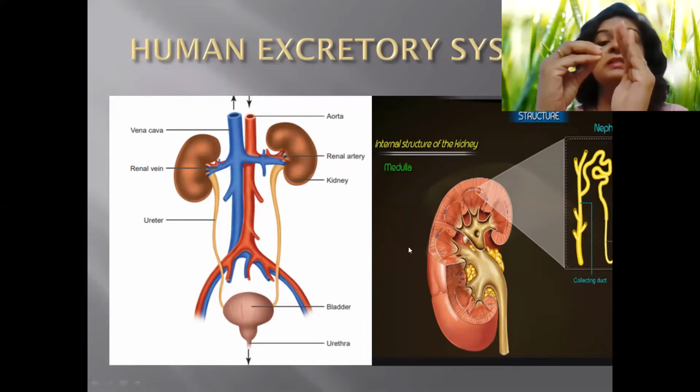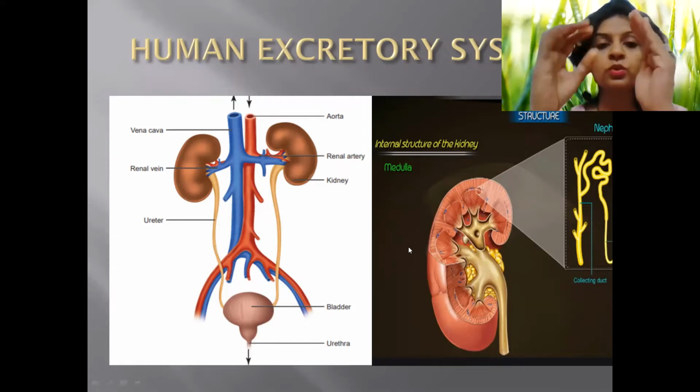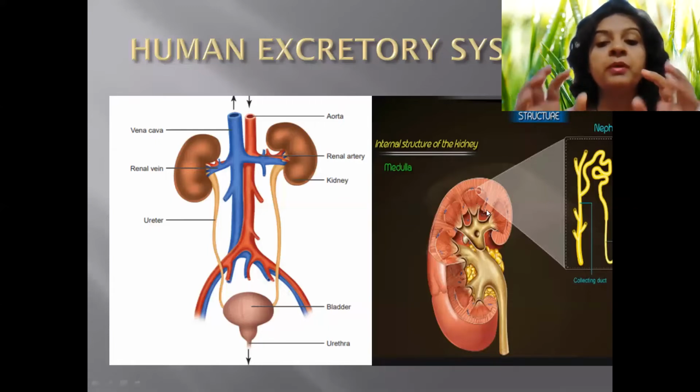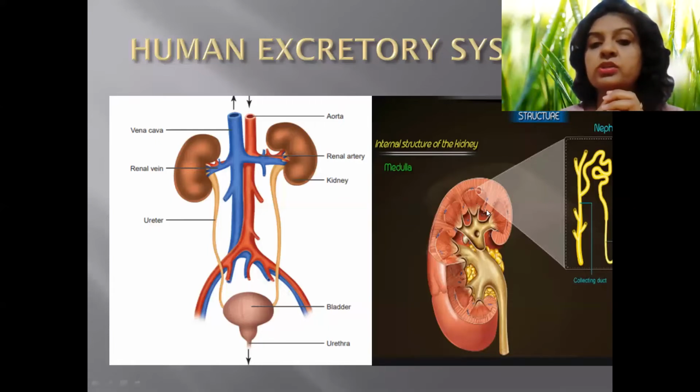This space is nothing but the cortex, while this triangular structure is known as the medulla. So cortex and medulla. Now this cortex and medulla have a special structure known as nephrons.